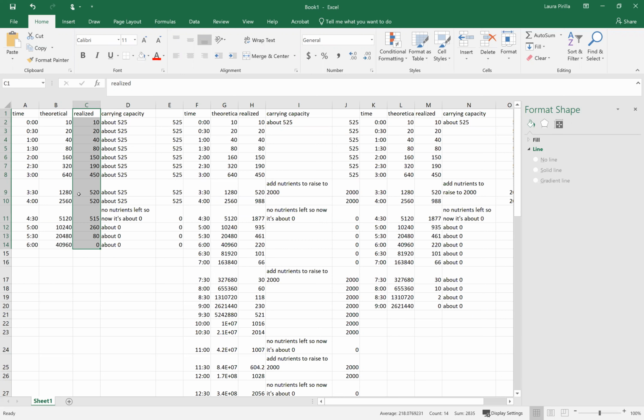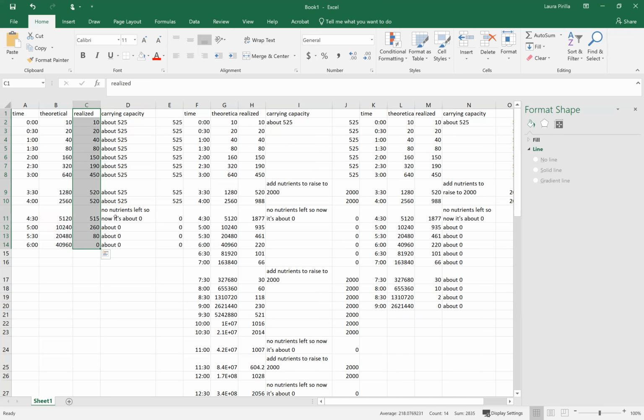So since the population peaked out at around 520, and then after that declined, but it was able to stay there for a little while, I'm guessing that the carrying capacity would have been a number similar to this, maybe a little bit above it. So carrying capacity would have been about 525 up to this point.